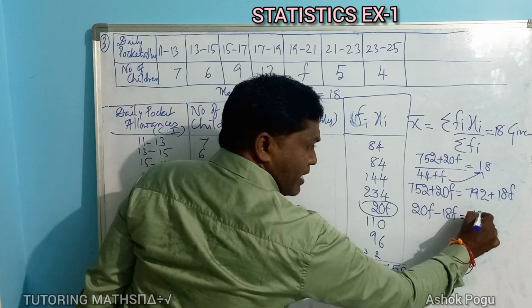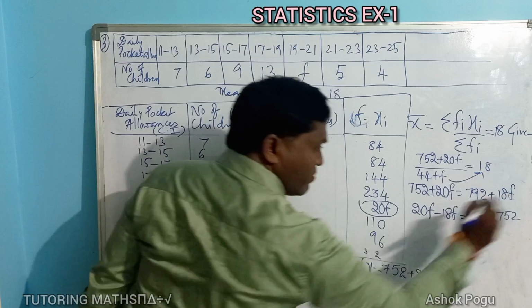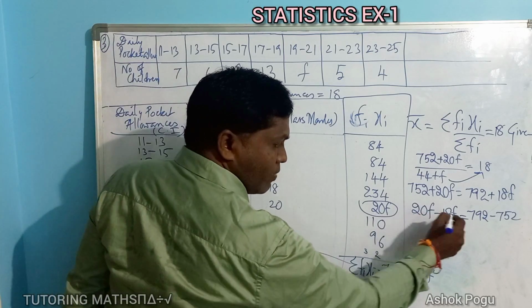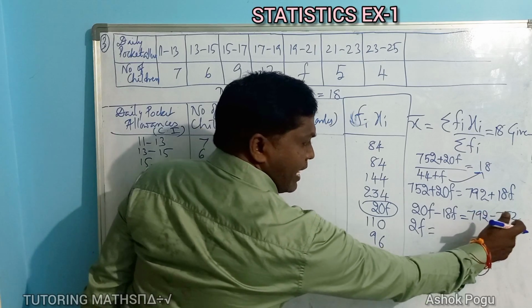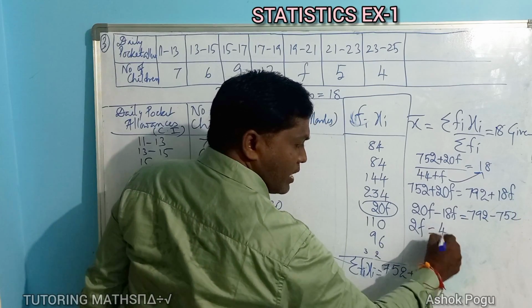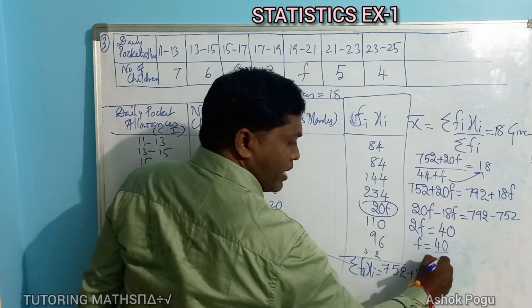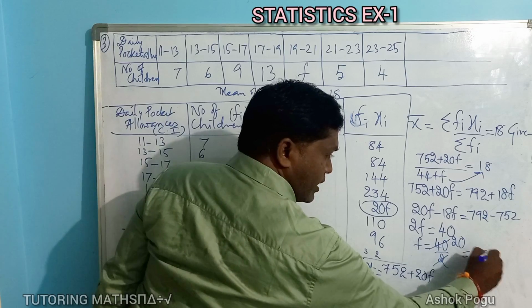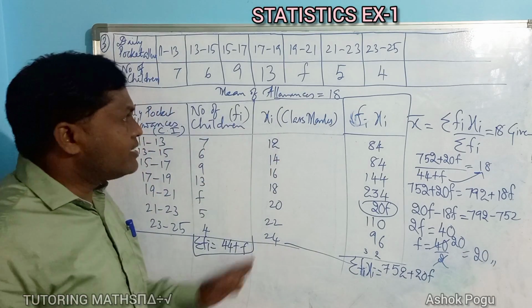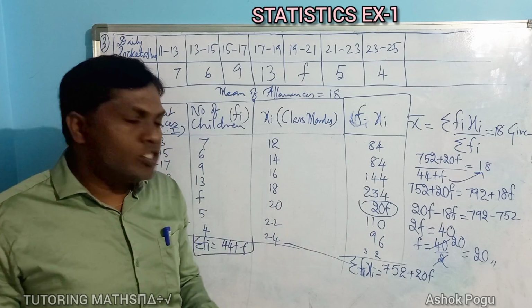And it is 792 minus 752. The result is 20 minus 18 is 2f is equal to 792 minus 752, which gives 40. And directly f is equal to 40 by 2, we get 20. And here the answer is the missing frequency f is equal to 20.